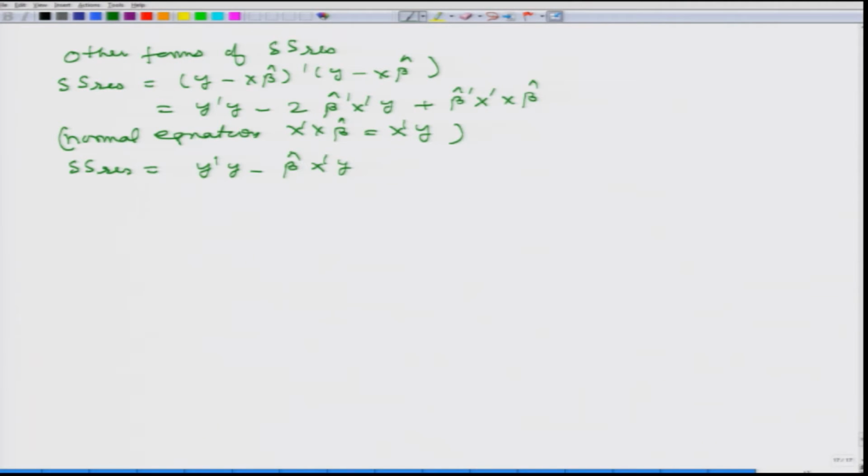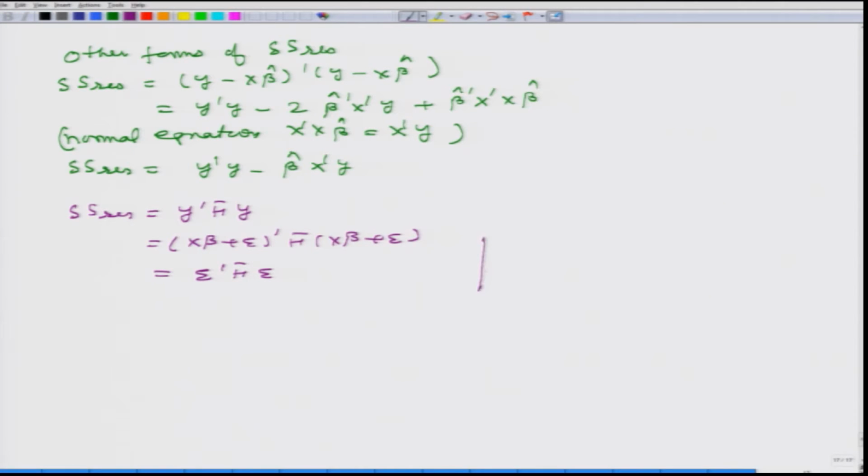Similarly, there is another form. SS residual was obtained earlier as y transpose h bar y, and y is nothing but x beta plus epsilon, so we have x beta plus epsilon whole transpose h bar times x beta plus epsilon. If I open it, this comes out to be epsilon transpose h bar epsilon.